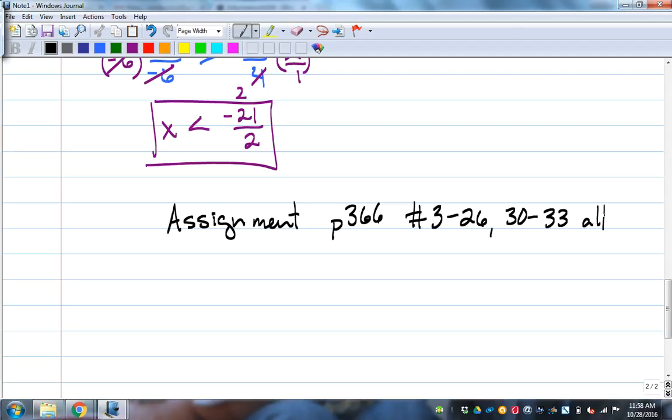Follow the directions. It says solve the inequality and graph it. So you're graphing those on a number line, each one. If there's decimals in the original problem, it's okay to have decimals in the answer. If there's not decimals, then if it doesn't work out nice, fractions.